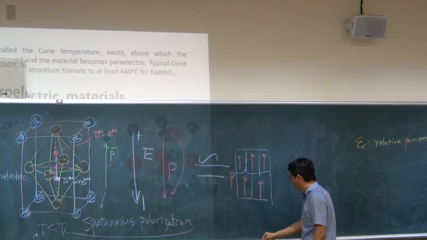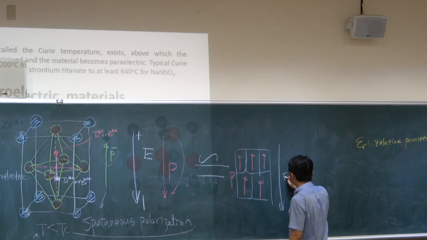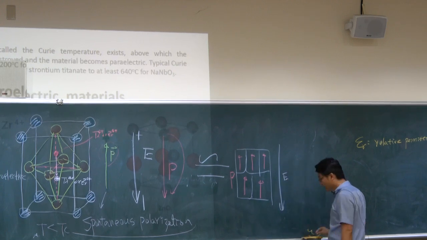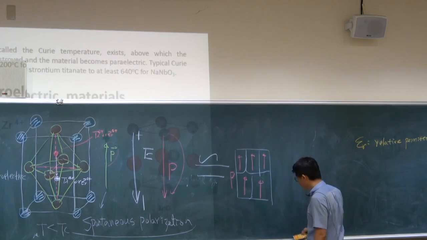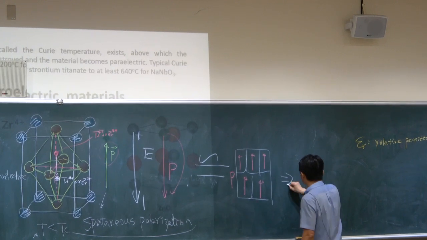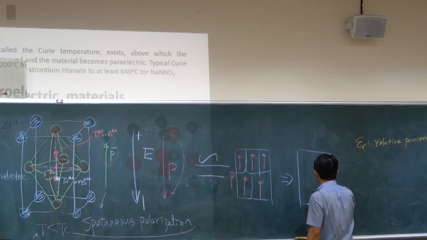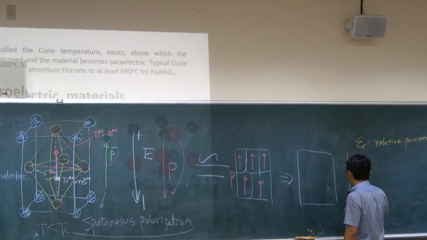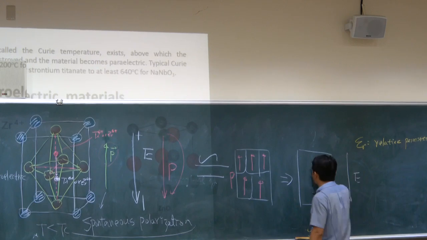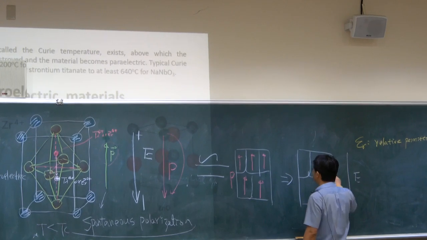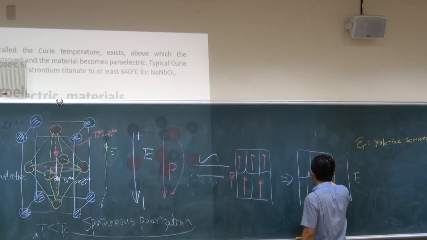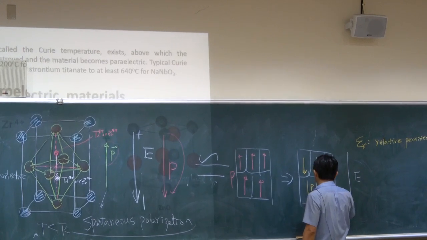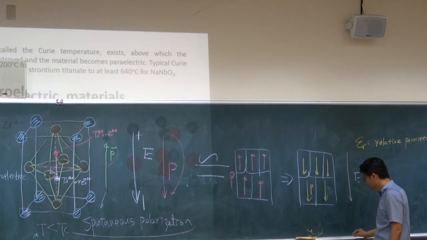And then if I apply an external field, you will be switched to this P, right?